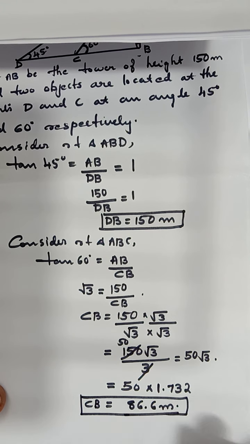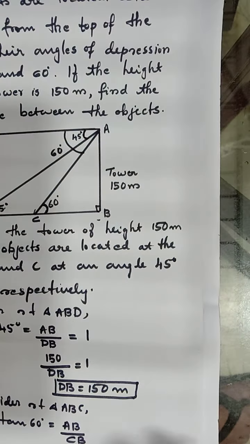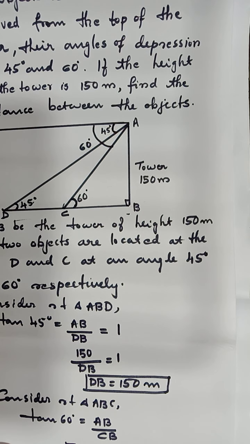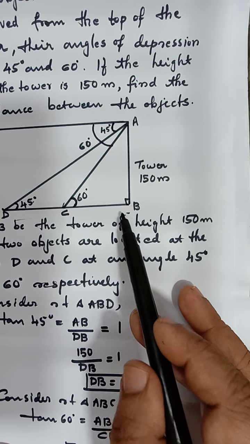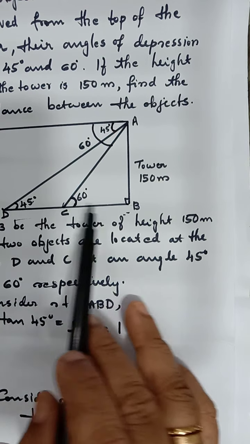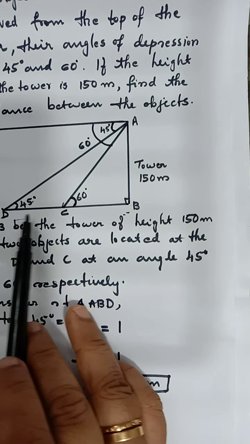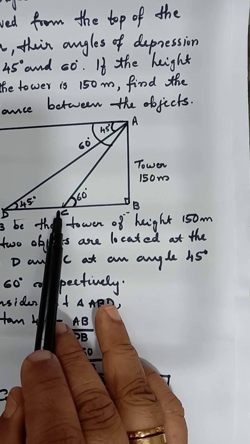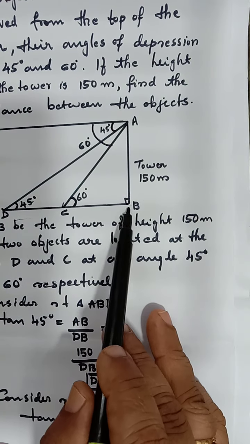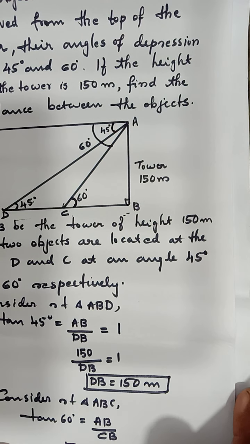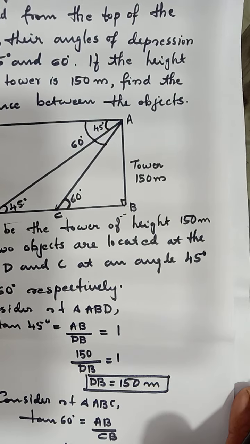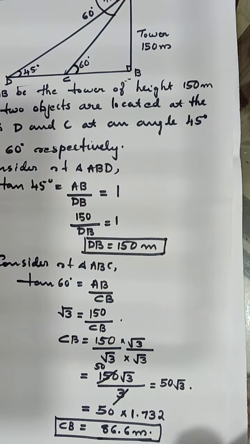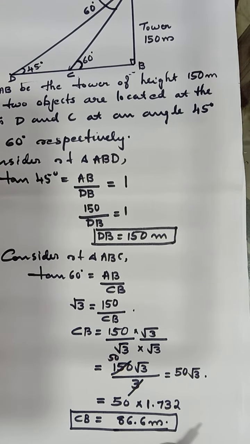Come back to the figure, check again. Here we got DB equal to 150 meter and CB equal to 86.6 meter. As we got these two values, the distance between these two objects is DC, that is equal to DB minus CB. By subtraction we get the distance between the two objects. We will write mathematically first, then after that you have to write in words.